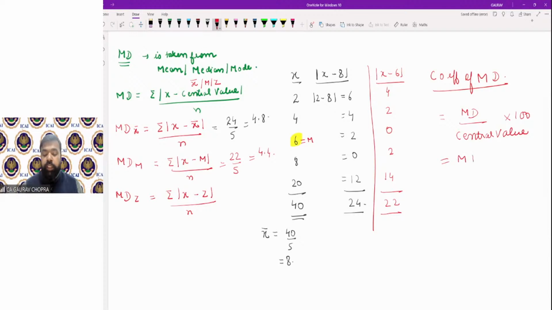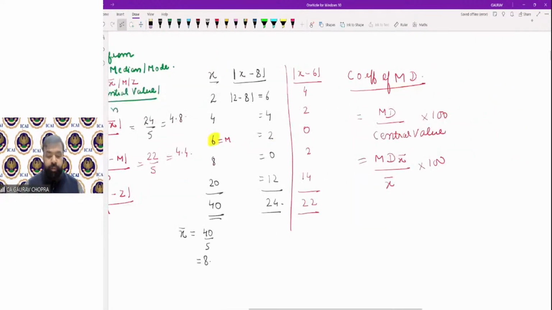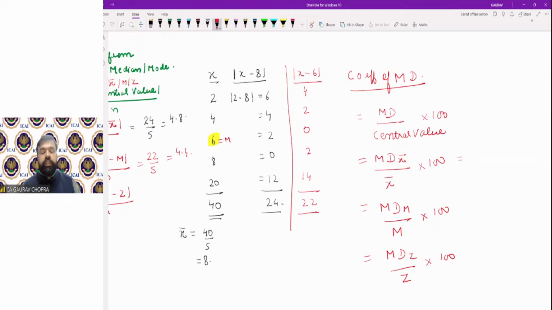If mean deviation is taken from mean, then you have to divide by mean and then multiply by 100. If mean deviation is taken from median, then divide with median. Similarly, if mean deviation is taken from mode, then divide by mode, multiply by 100. So this is the formula.